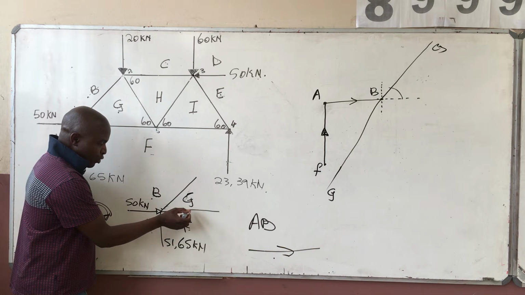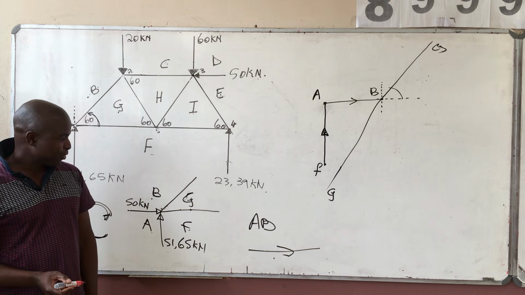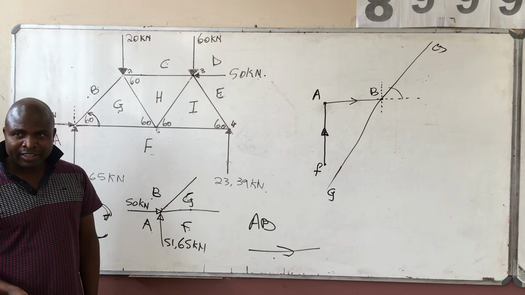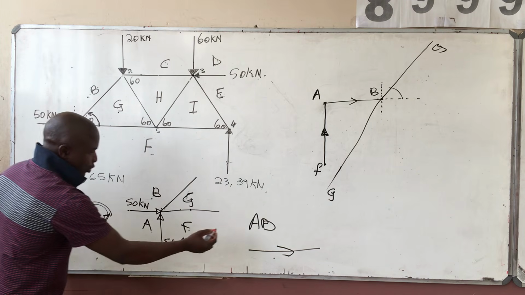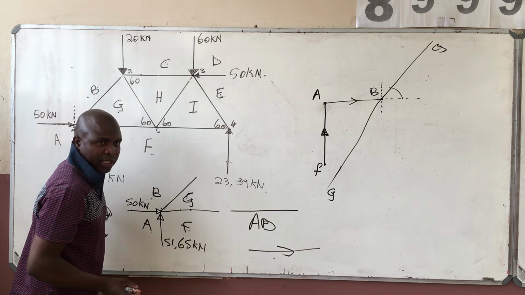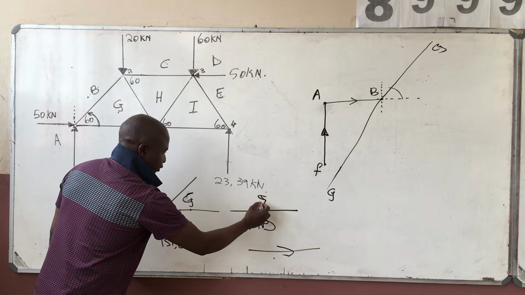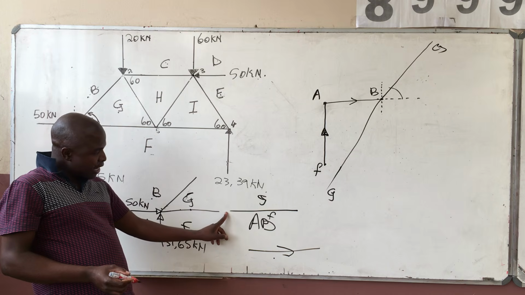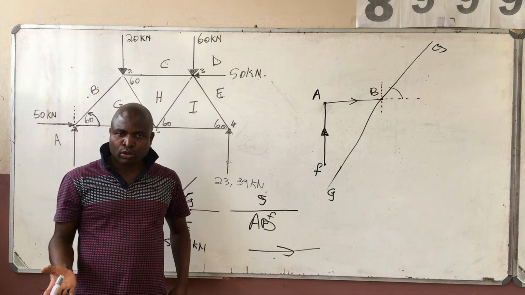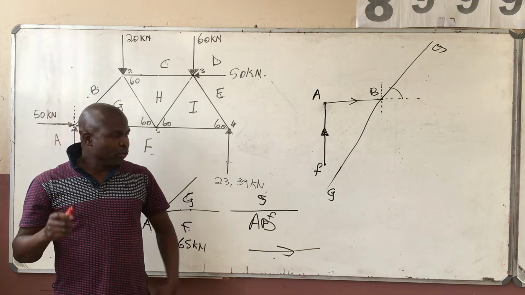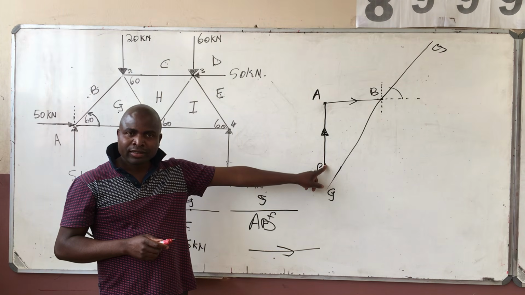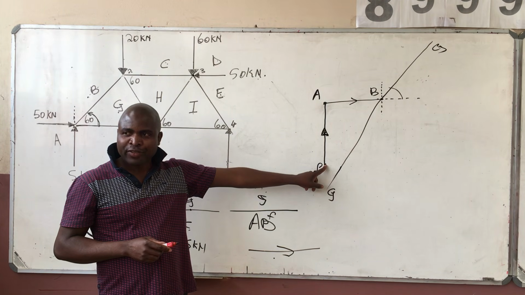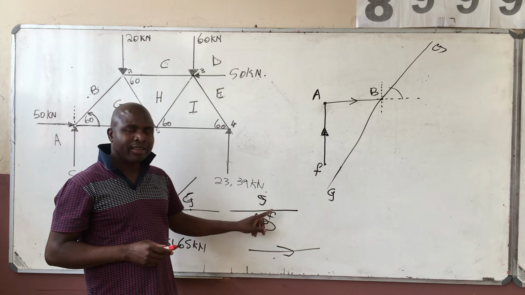So we go for GF. GF as well is horizontal. But we do not know if G is on the left or on the right because there's no arrow. What we know is that on this diagram we have F, and we're going to draw GF.